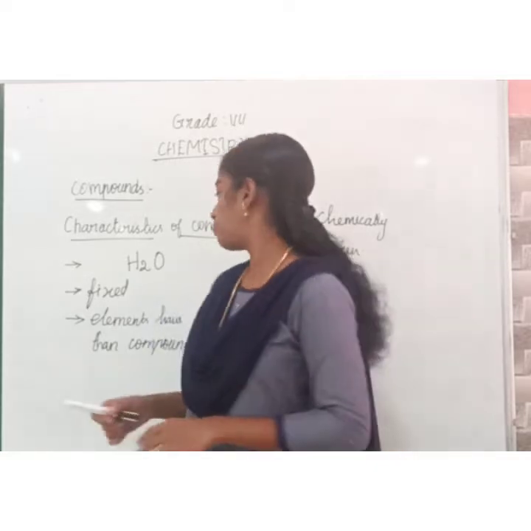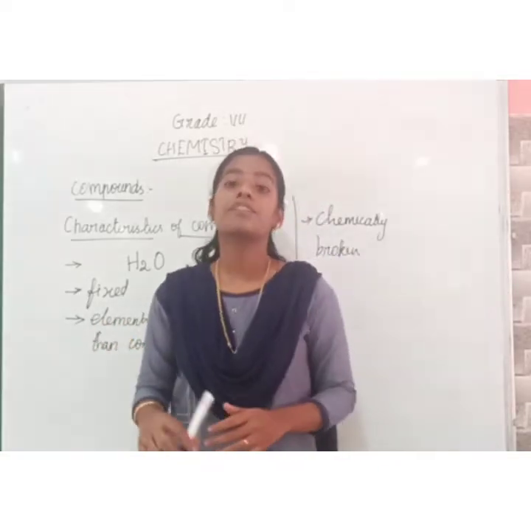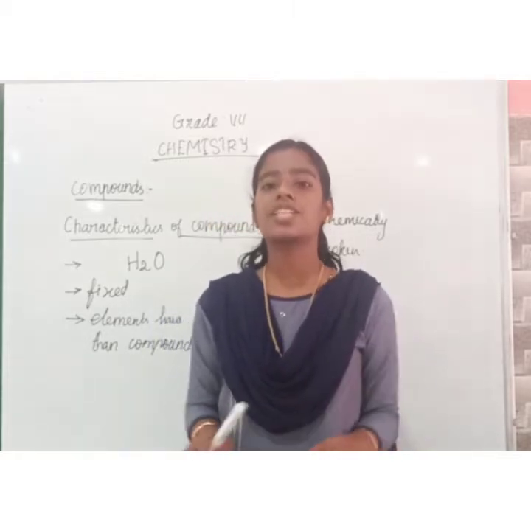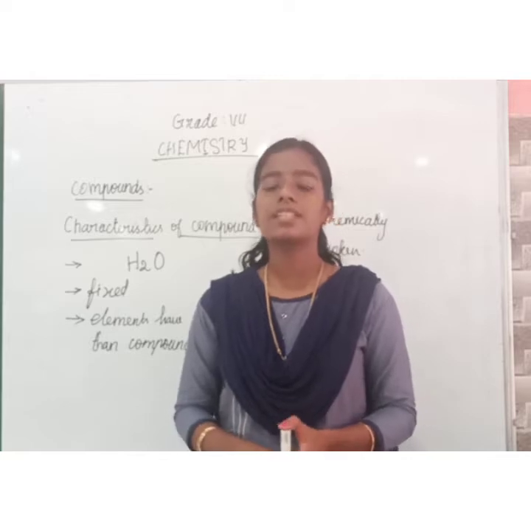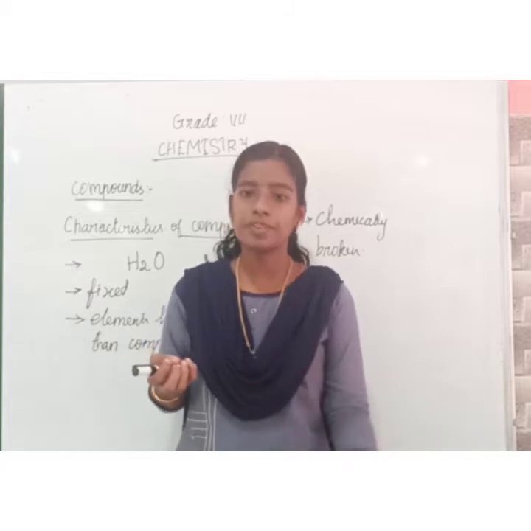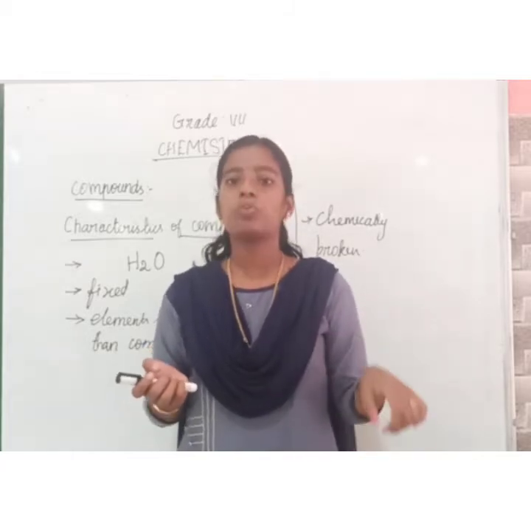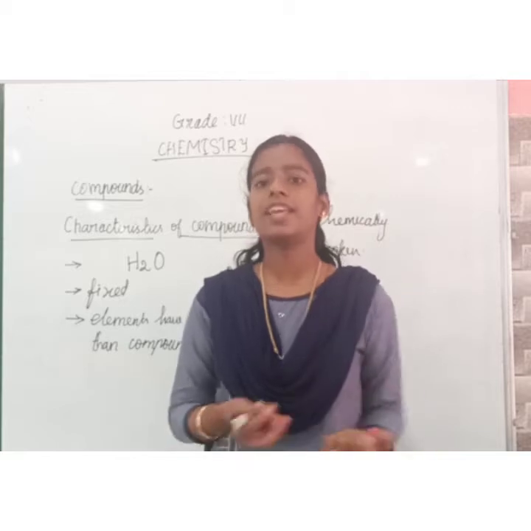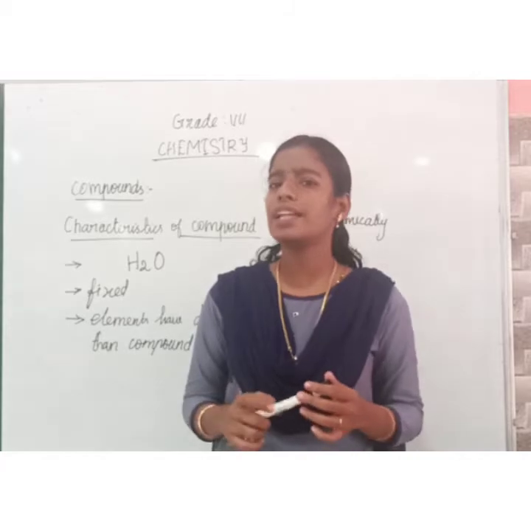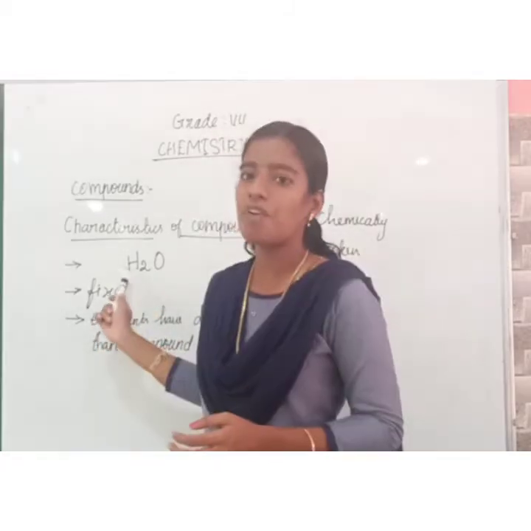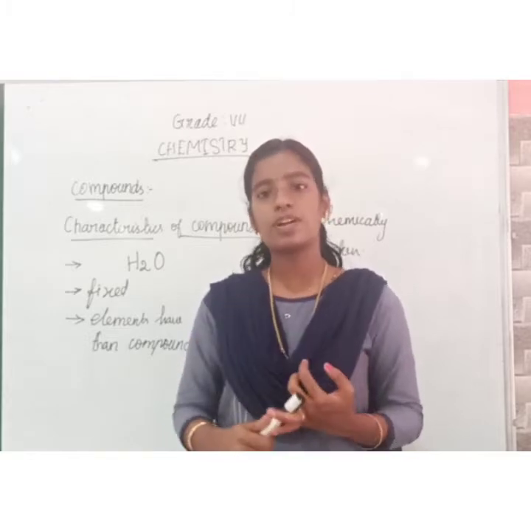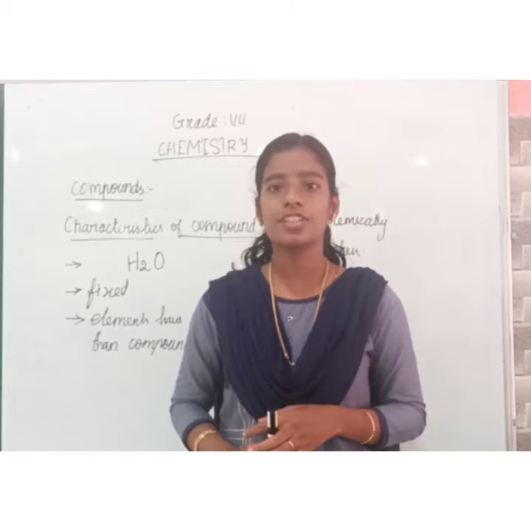The next property is that the composition is fixed. What is the meaning of fixed? Fixed means we cannot change it. Consider the water molecule. We take water from a well, a borewell, a tap, a river, as rain, etc. In many forms we get water. Will the chemical formula for water vary for well water, rain water, pond water, etc.? No, right?